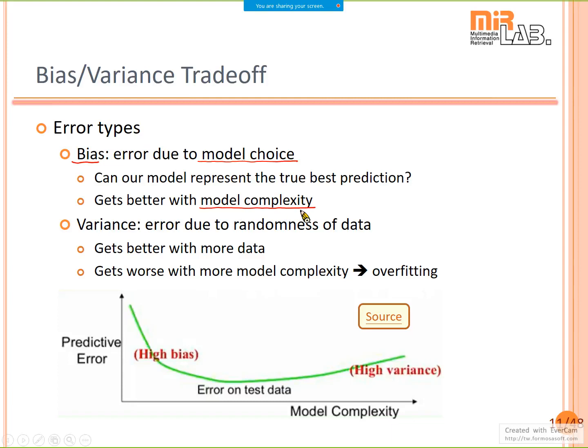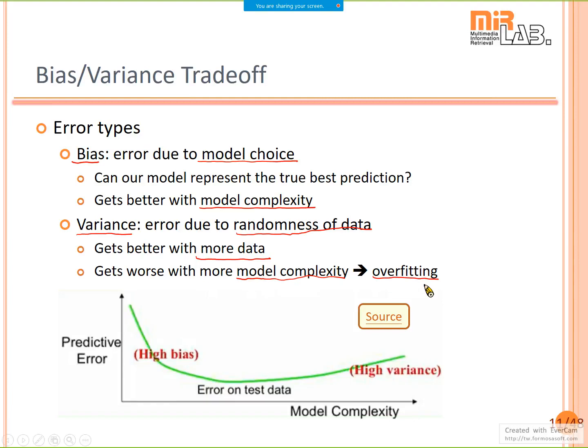And on the other hand, we have the variance. Variance is error due to randomness of data. So if we want to reduce variance, we can use more data for constructing the model. But usually, if we increase the model complexity, then it's likely to run into the situation of overfitting. That means the variance is getting higher.